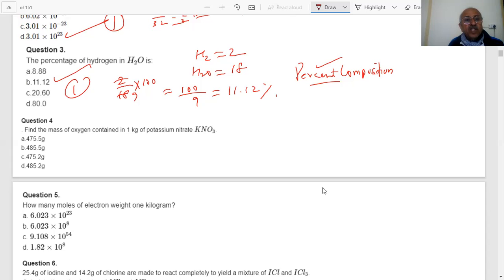Find the mass of oxygen contained in 1 kilogram of potassium nitrate. If you calculate the moles, that will be sufficient. KNO3, what is the formula of this potassium nitrate?